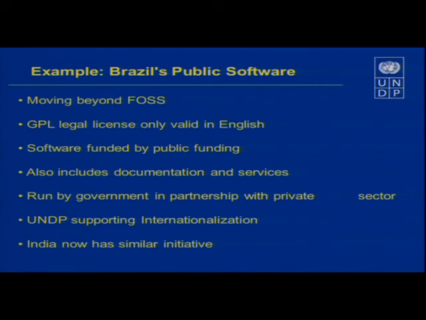So when Brazil tried to implement GPL, they were told, no, it has to be in English. But Brazilian law says anything that happens to be official has to be in Portuguese, the official language. It cannot be in English. So they had to come up with a different idea. That idea was something they called public software, which is different from open source. Not only because of the license, but also because of the way it's being implemented.